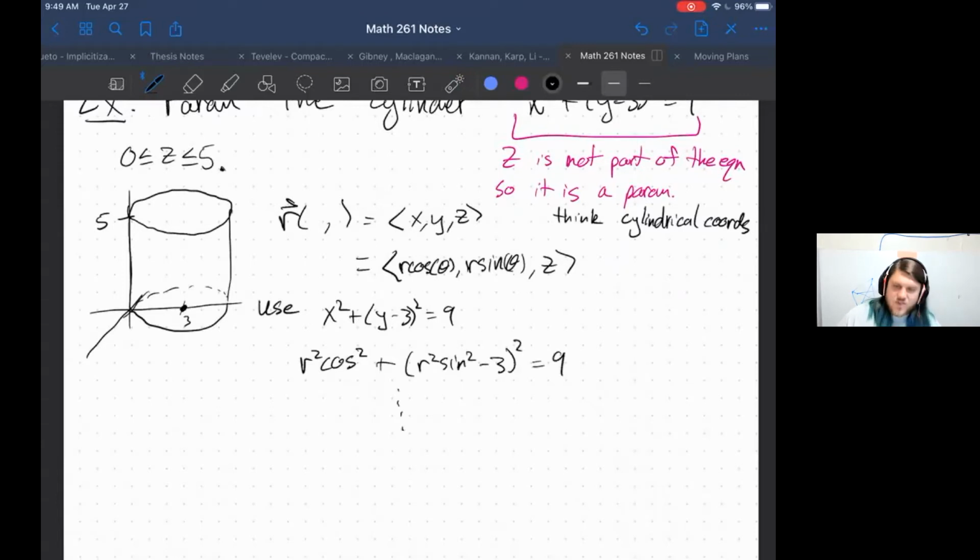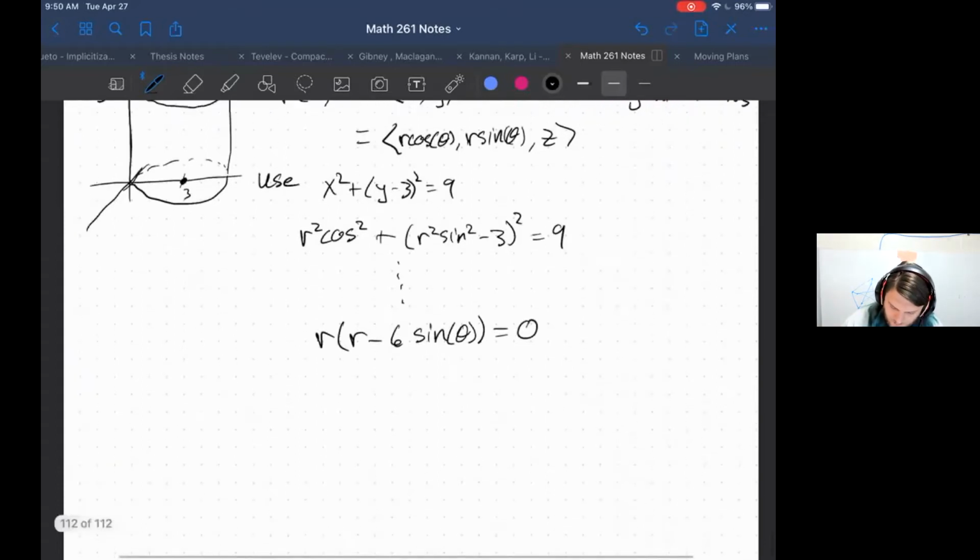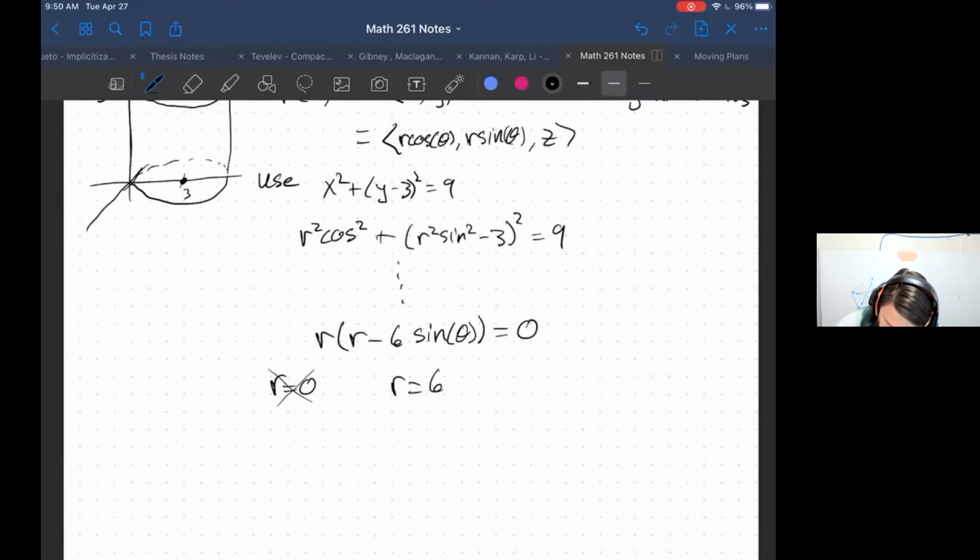And then you do a bunch of algebra. Simplify. Eventually you get to r times (r minus 6 sine of theta) is equal to 0. I'm going to skip it for time's sake. You get r equals 0, which is not really a solution that we care about. And then we also get r is equal to 6 sine of theta.